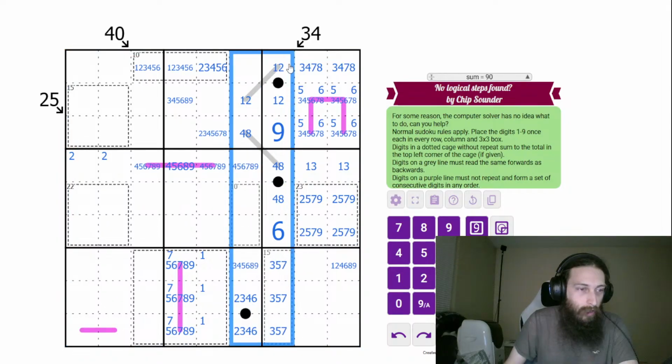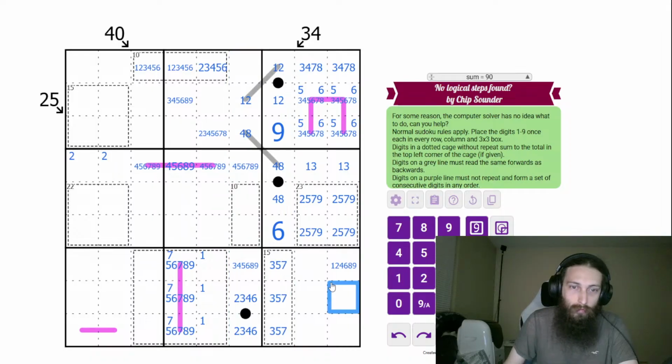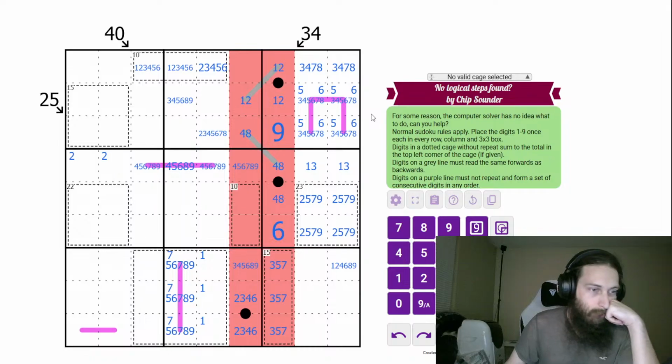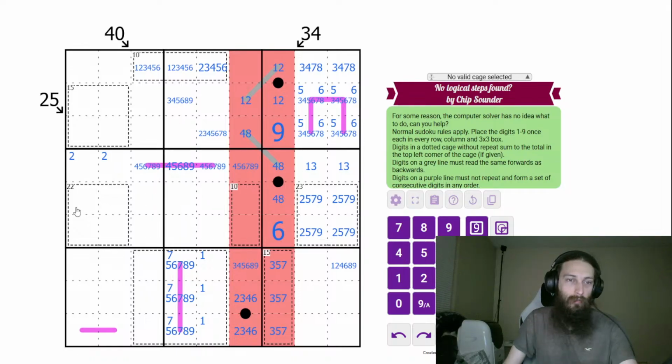If we're looking at using columns 6 and 7, making both the 10 cage and the 4-8 pair, and row 5 and 6.